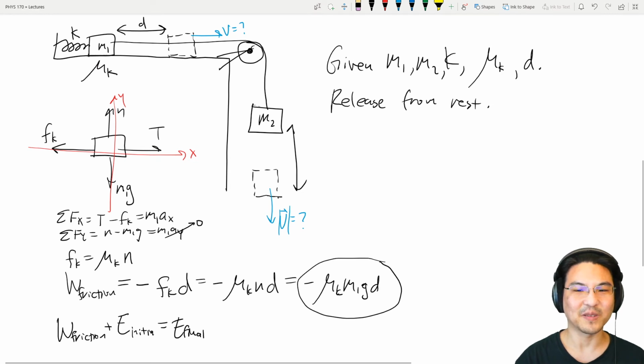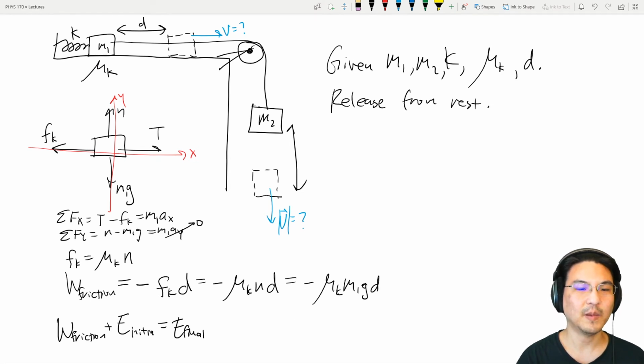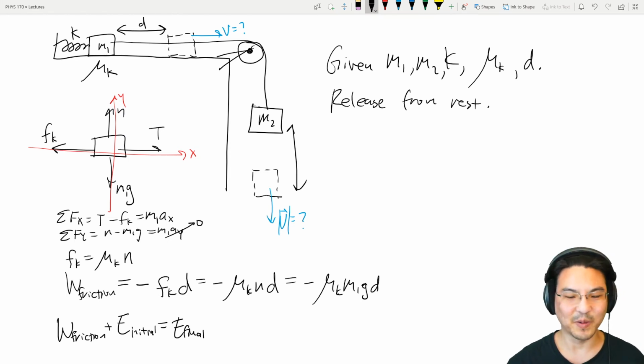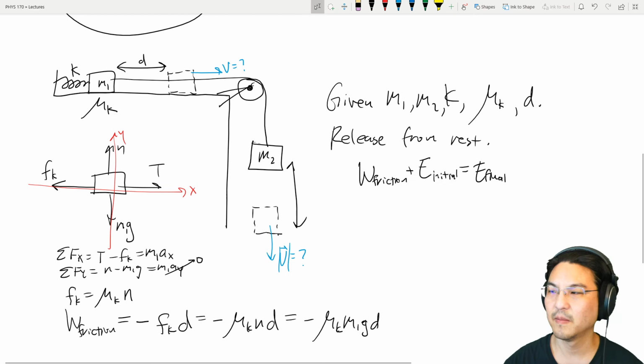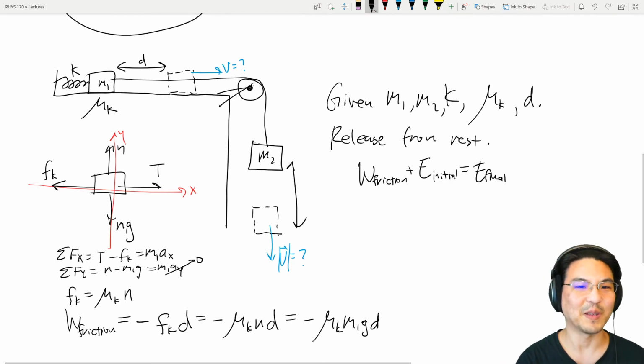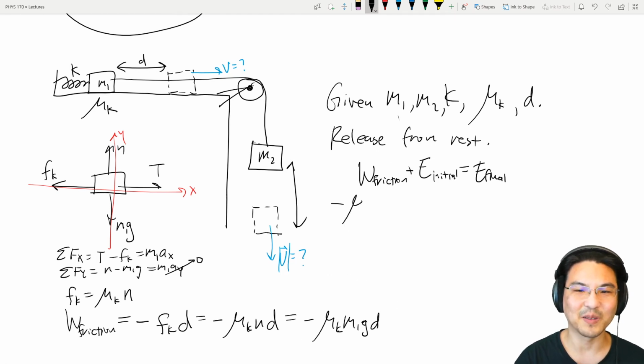Okay, so that part's good. Here, let me write this up here, just so that we can look at the picture. So work by friction, got it. It's right here. Minus mu k m1g times d.